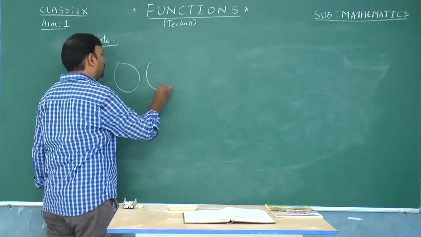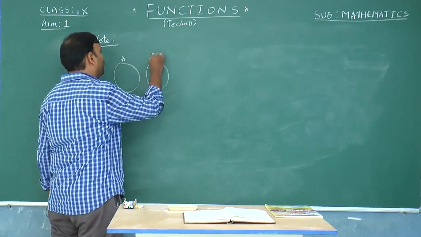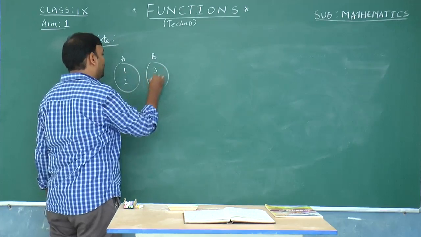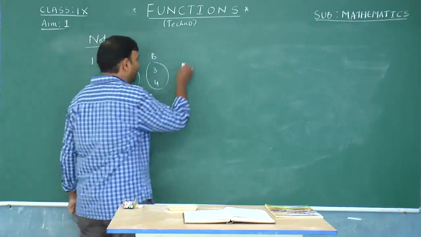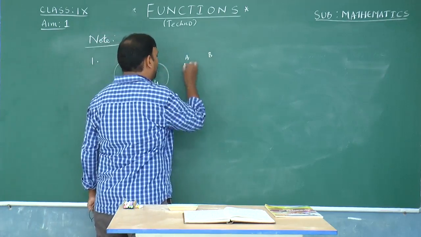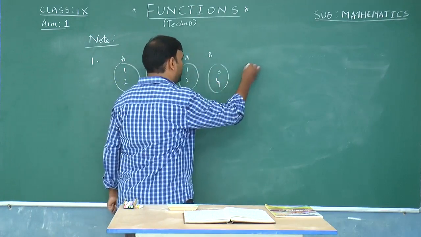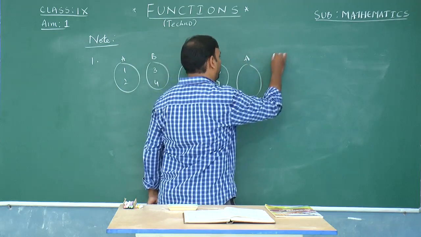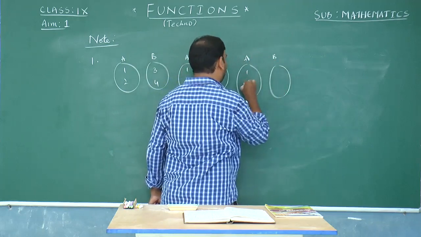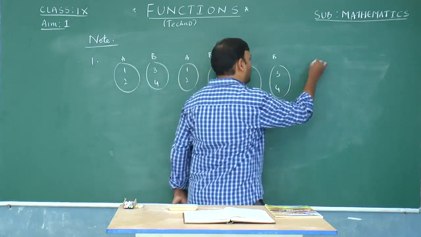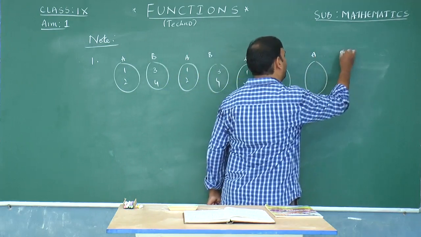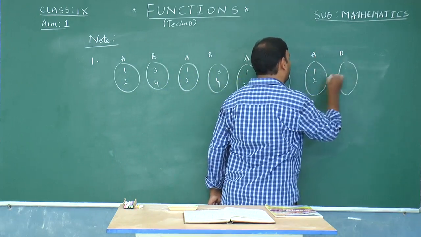Let me take two non-empty sets, say A and B, containing elements 1, 2, 3, 4. Now, if I have taken two non-empty sets in this way, then how many functions are possible? The question is, how many functions are possible from A to B?